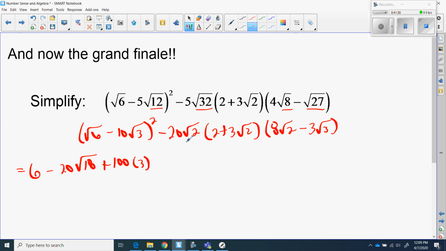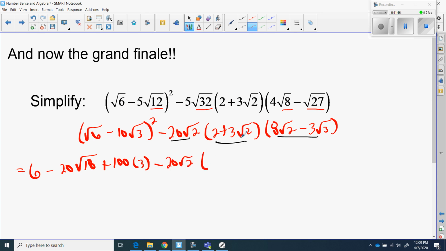All right, over here now I've got 3 things multiplied together. I have this multiplied by this, multiplied by this. The order you multiply those is going to be your choice. I would recommend that you multiply the 2 binomials first. So I'm going to just leave minus 20 radical 2 for now.